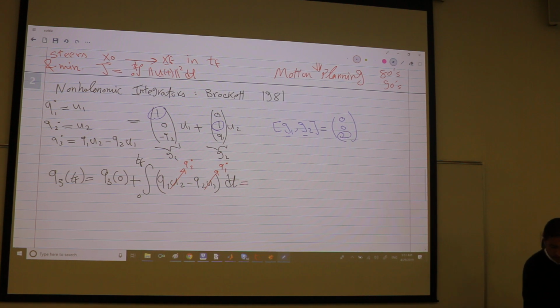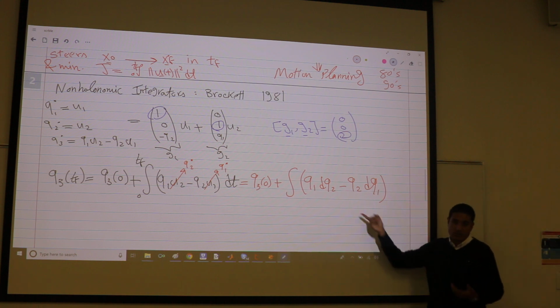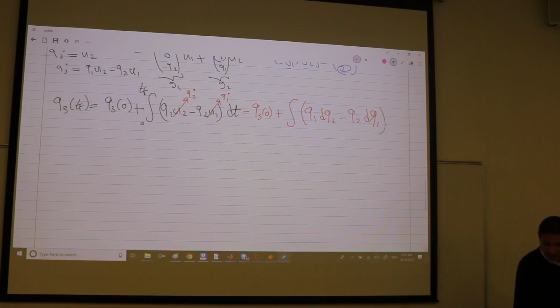So this is Q3 0 plus integral of Q1 dQ2 minus Q2 dQ1. The integral now is not over time anymore, it's over the line. It's a line integral, right? So for example, if this is the Q1, Q2 plane, this is your state space, right? But projected on the first two states.